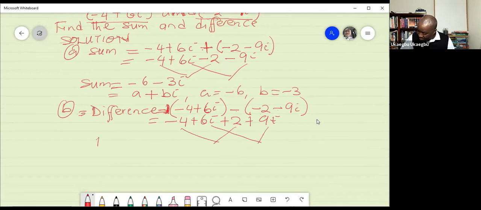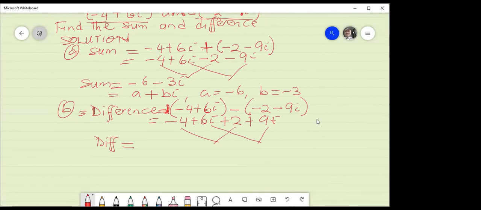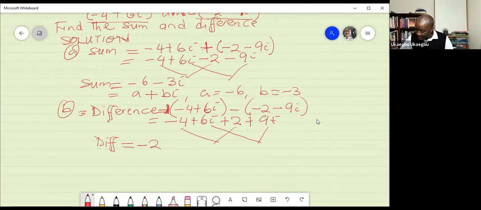So our difference would be -4 plus 2 gives us what? -2. Then 6i plus 9i. 15i. So that should give us positive 15i.